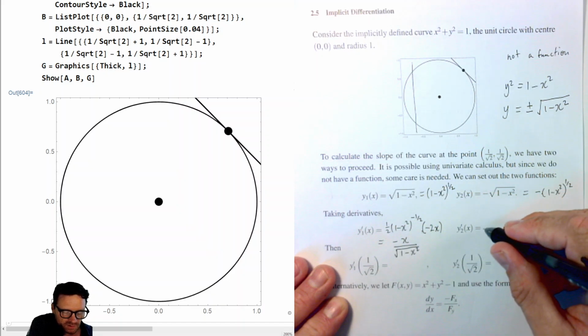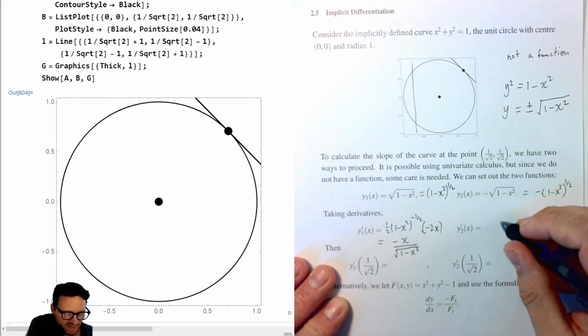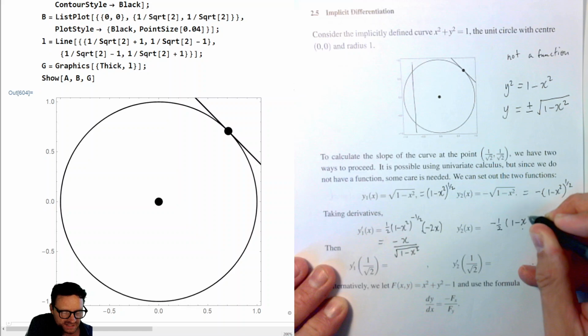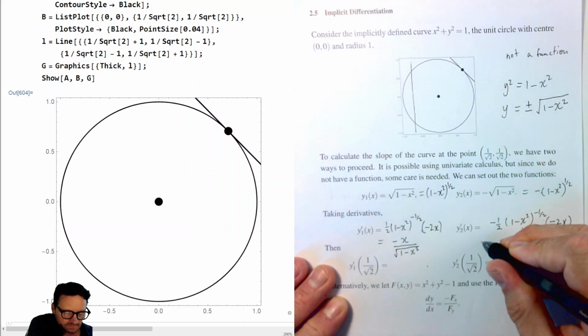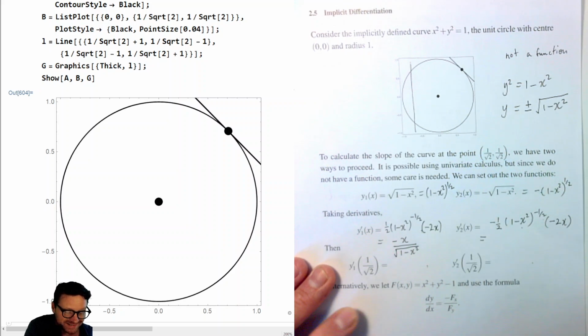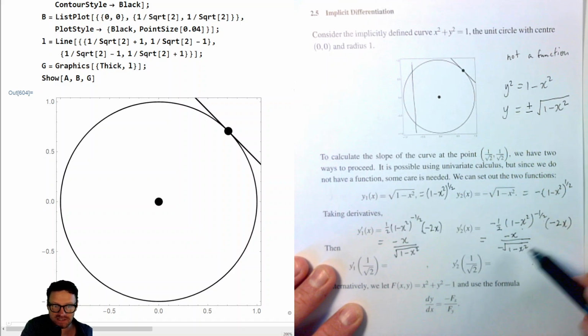And similarly with the bottom half, this time we have minus 1 half, 1 minus x squared to the power of minus a half multiplied by minus 2x. And this one we can express as minus x over minus the square root of 1 minus x squared. Okay, I've got two minuses here.